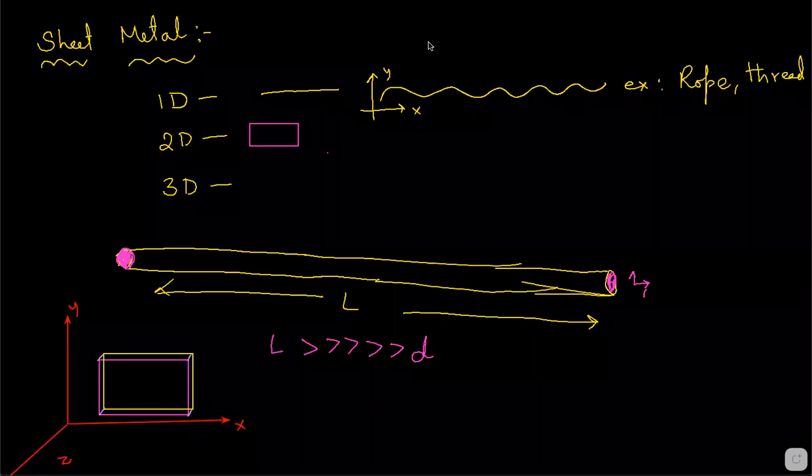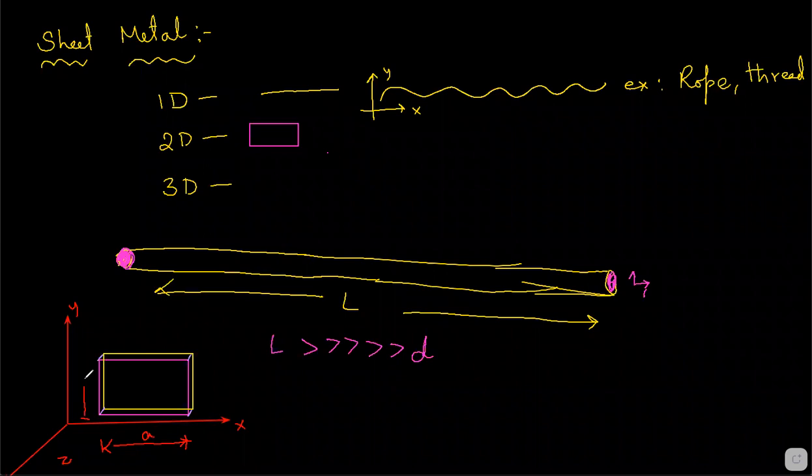So these dimensions are more than the Z direction, right? So let's say this length is A, and this height is B, right? Height is B. So you can see that the area of a rectangle is what? A into B, right? So A into B will give you the area.